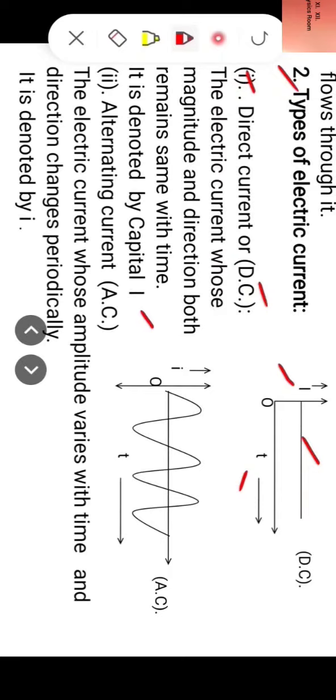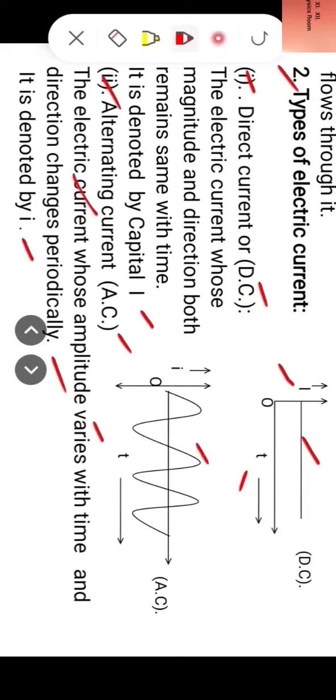Now we come to second, alternating current or AC. The electric current whose amplitude varies with time and direction changes periodically is called alternating current or AC. It is denoted by small i.